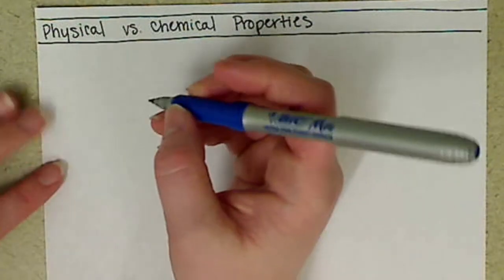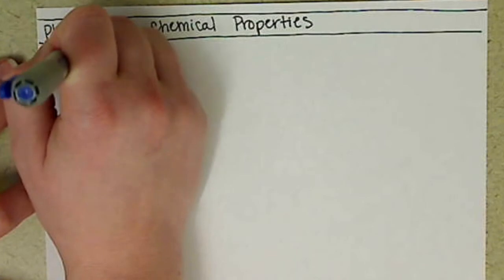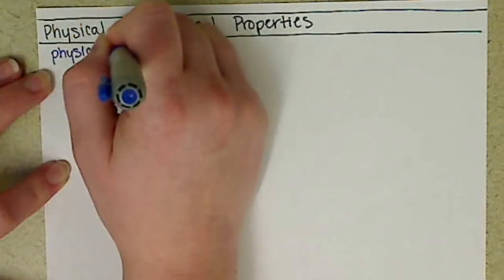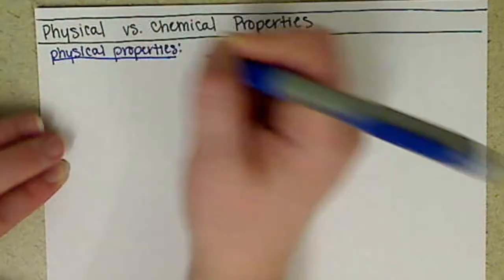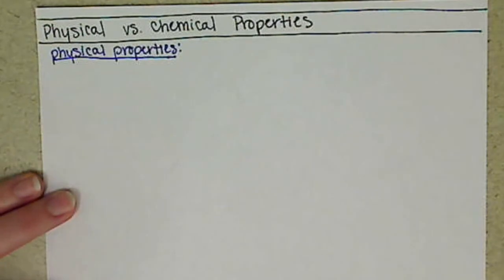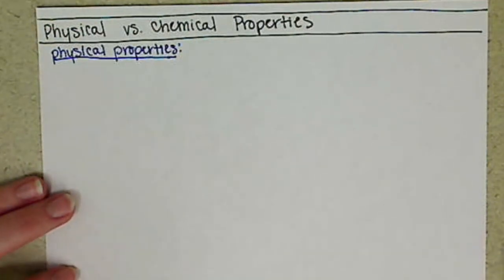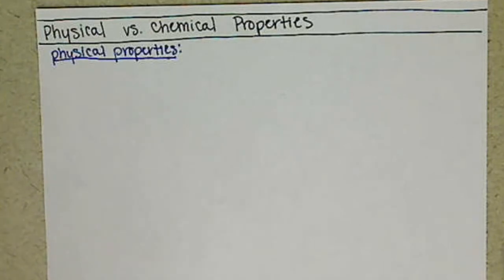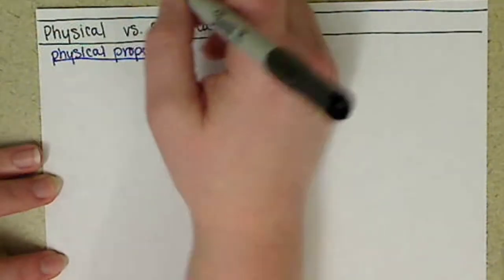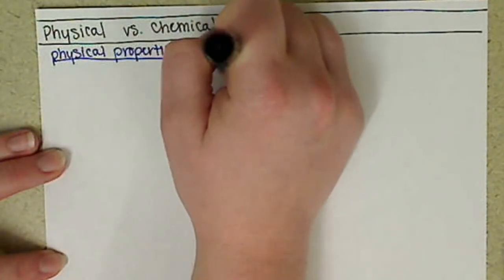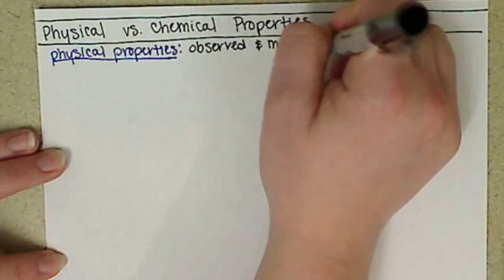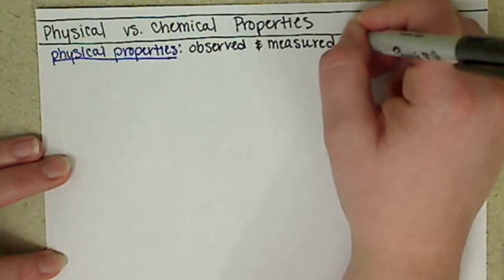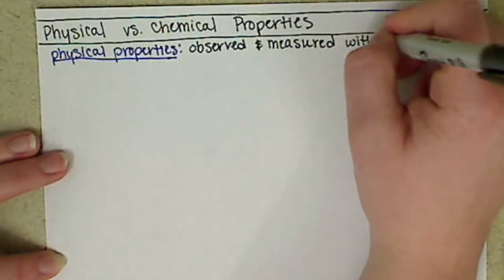We'll first start with our physical properties. These are things that you are observing or measuring without changing the substance. You're just looking at them. Yes, you can touch them, but we don't want to do any reactions with them yet.